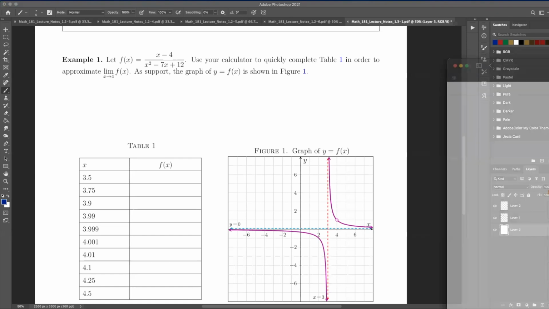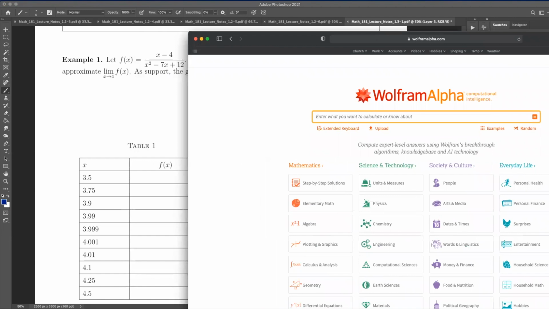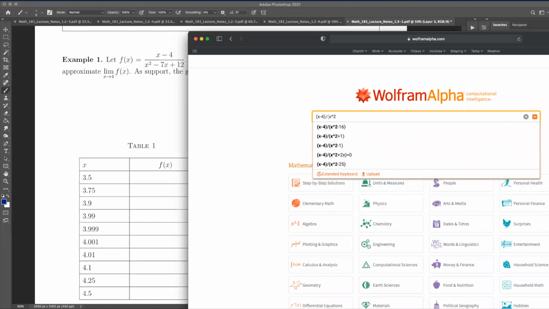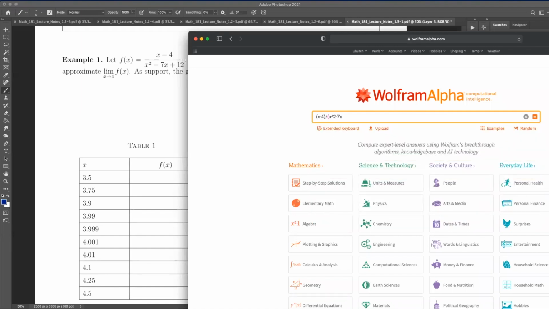So let's type this in. We have x minus 4 divided by the quantity x squared minus 7x plus 12.